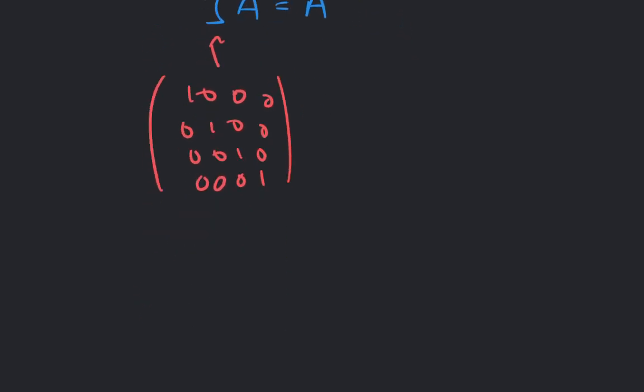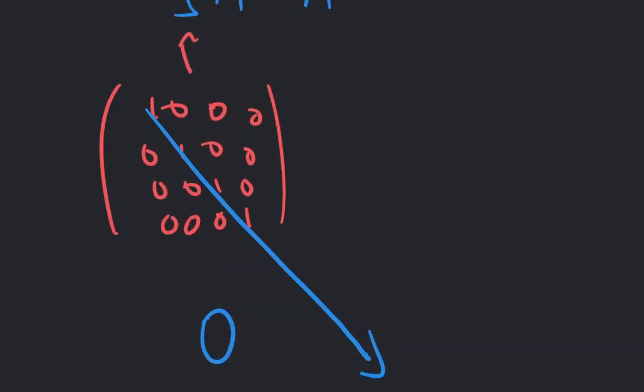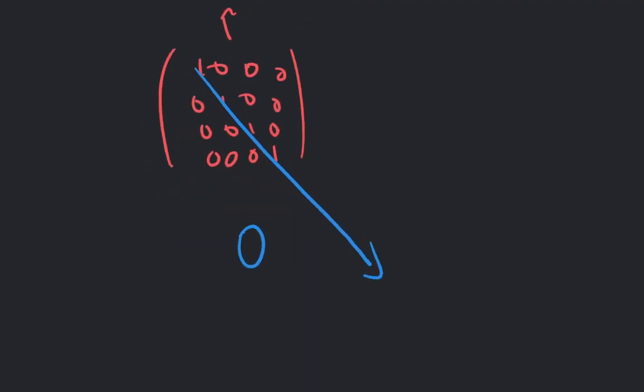Basically, the diagonal entries of this are equal to 1. Everything else, 0. It's a, I guess, a diagonal matrix, but that's the basics of matrix algebra.